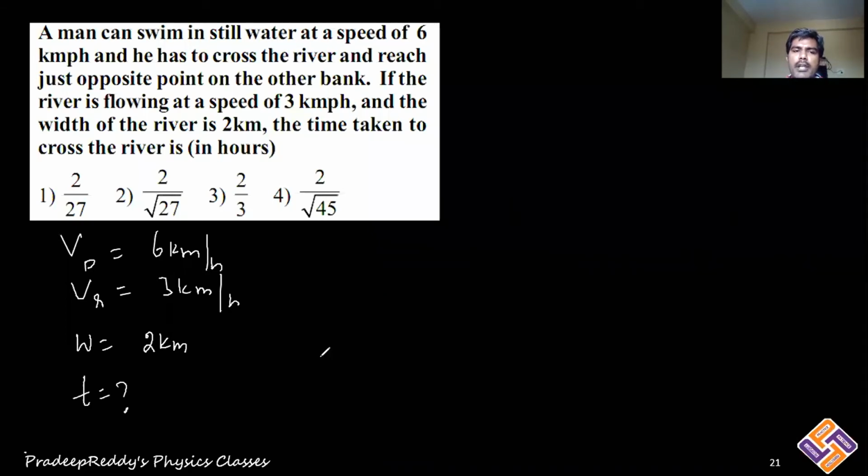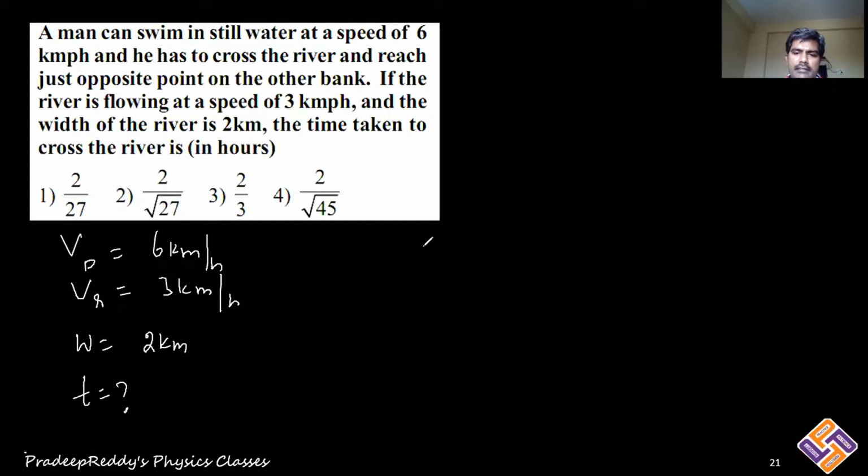Now see, this belongs to case 3 because the person is aiming to reach the opposite point of the river. So in order to reach the opposite point, the person should not travel perpendicular. He needs to travel with some angle, right?